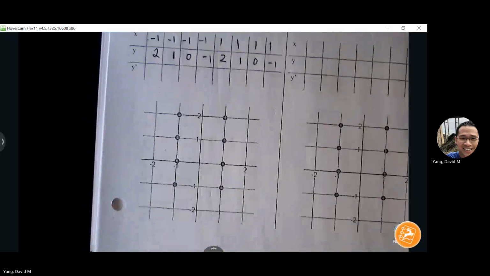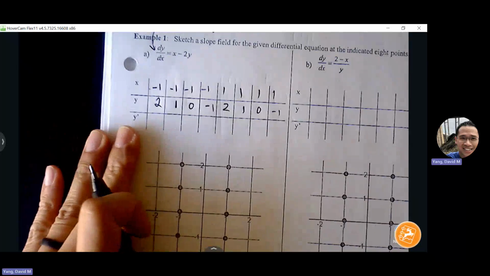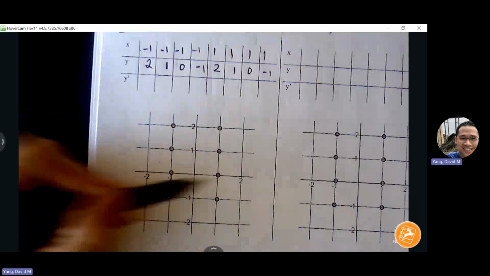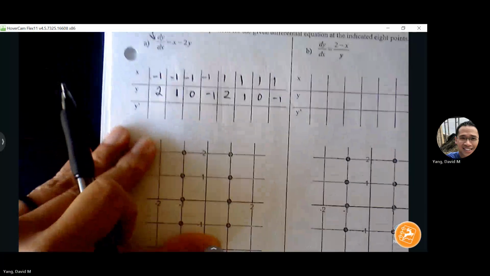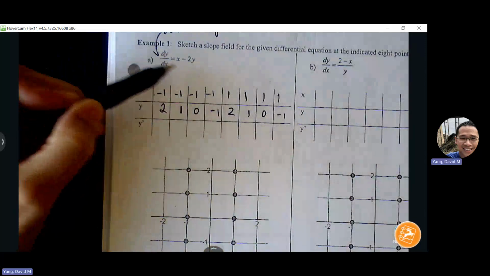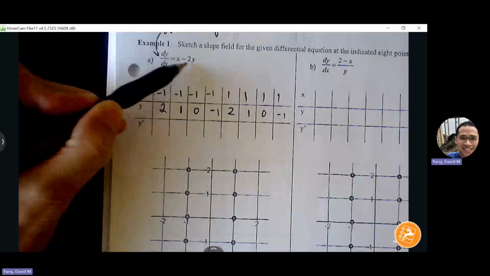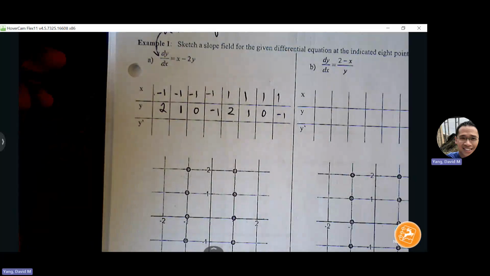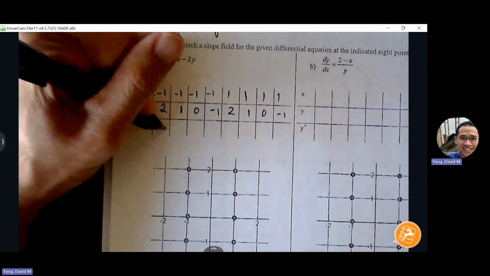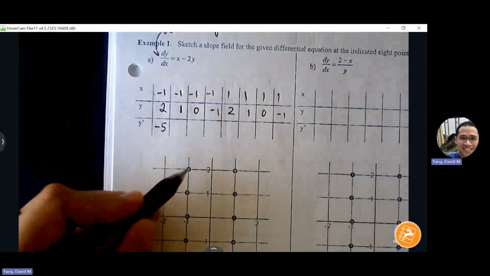Okay. So I'm going to start off by working on this ordered pair, -1, 2. If I were to insert -1, 2 into the derivative, what slope am I getting? -1 in for x, 5. Okay, so -1 minus 4 is -5. So that's the slope that I want through this point.